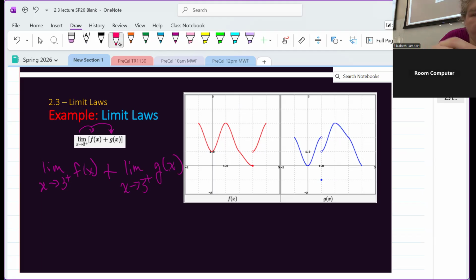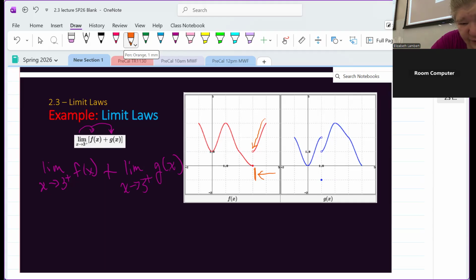And now we're just going to figure out, well, what is the limit of f of x as we approach 3 from the right? All right, so here's my 3. From the right means from this side. So now we want to look at what the function's doing. And the function values from the right are starting way up here and getting closer and closer to what's our function value?